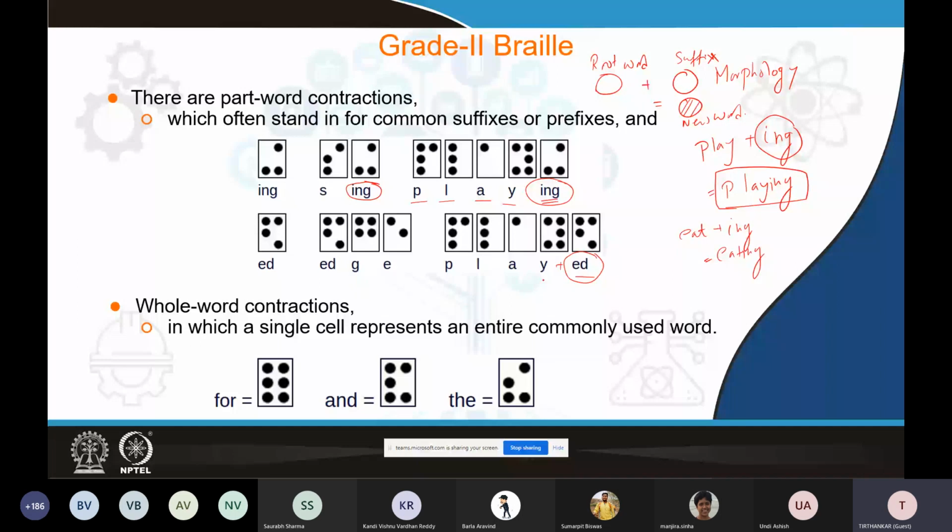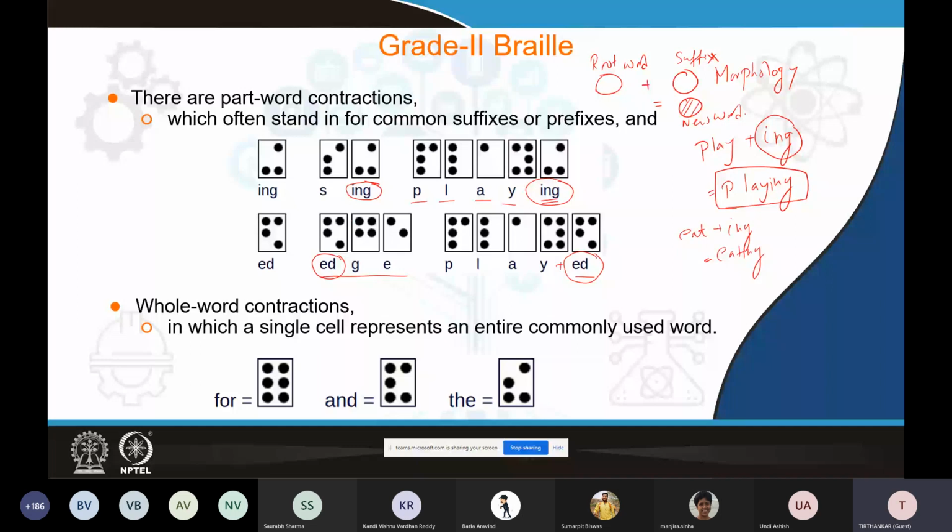On the other hand, in a word like edge, ed is not a prefix or a suffix, but a part of the entire word, but still it is going to be represented in terms of this kind of contracted form.